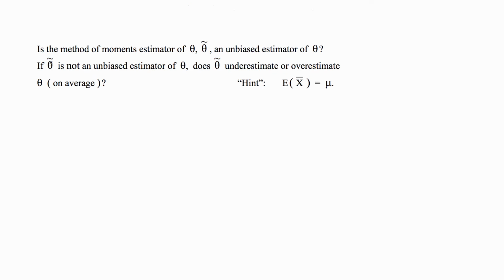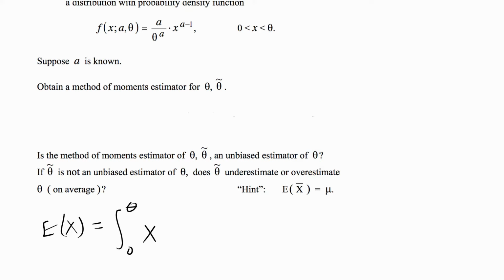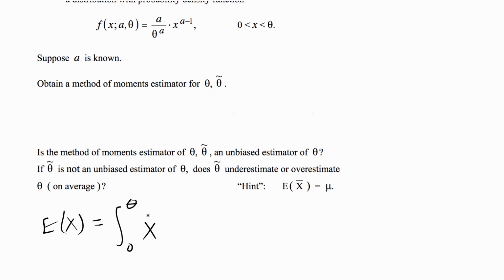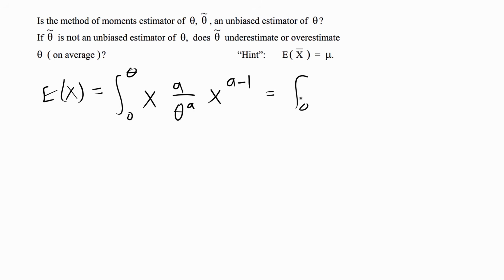So the first thing we need to find is the expected value of x. So the expected value of x is going to be the integral from 0 to theta of x times the PDF. So we're just doing the first moment. The PDF is a over theta to the a, times x to the a minus 1. So that's equal to the integral from 0 to theta of x to the a times a over theta to the a.